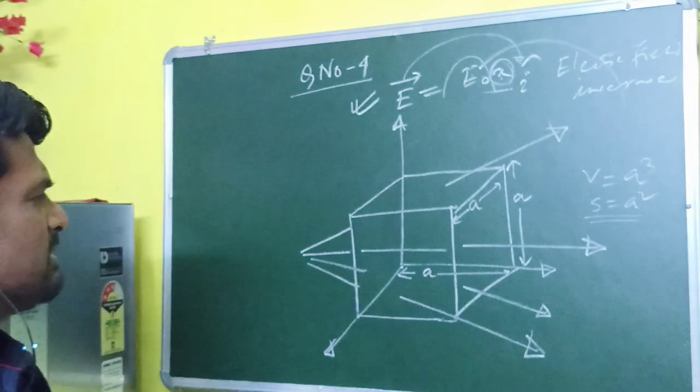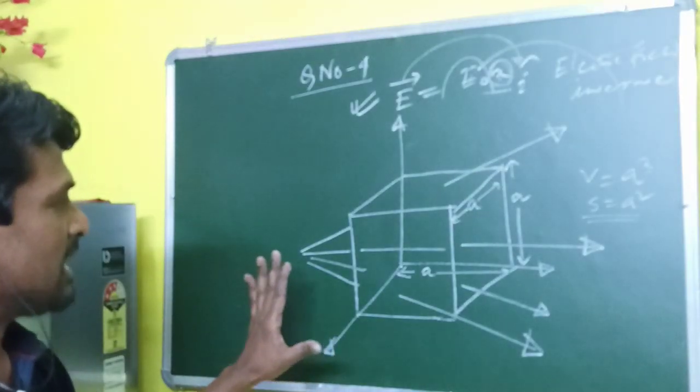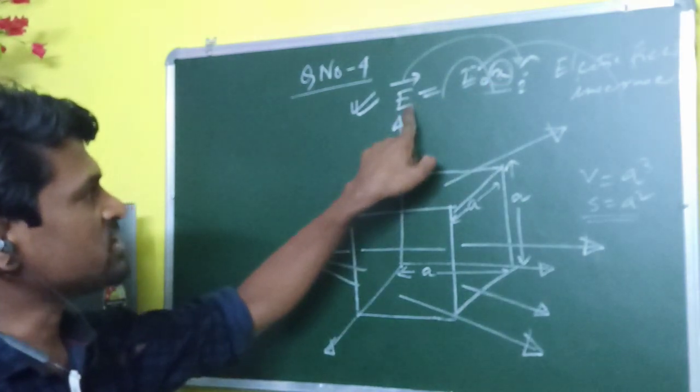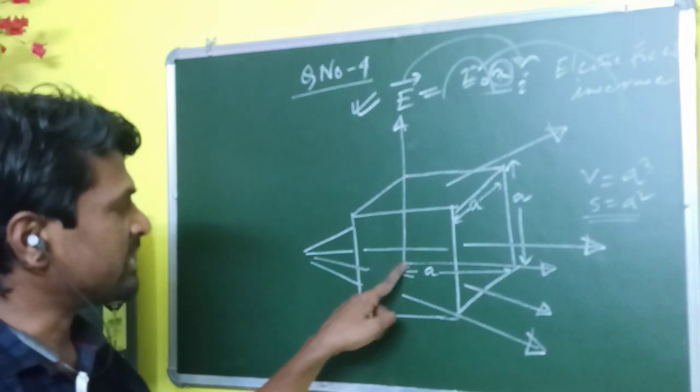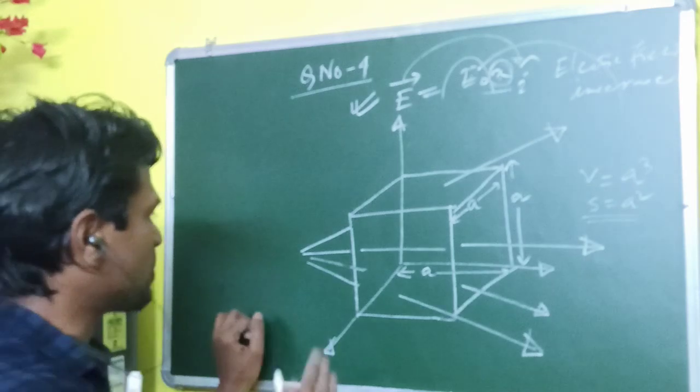You can think like that, but it is not correct actually, because if we place x equal to 0, then the electric field is 0. So at that particular point the electric field is 0, but I wrote it like that, so it is not correct.